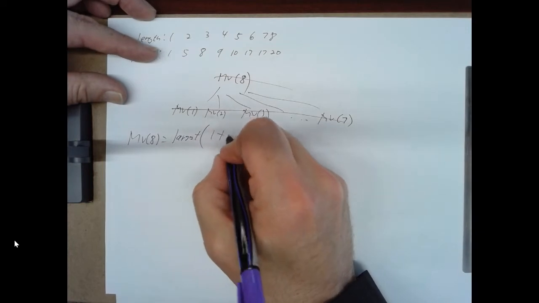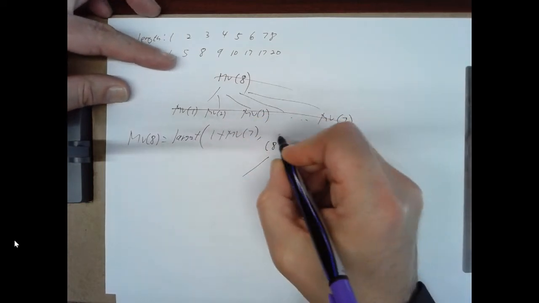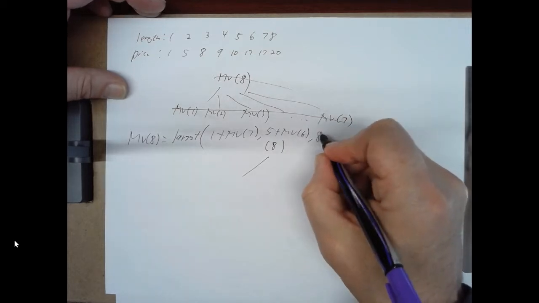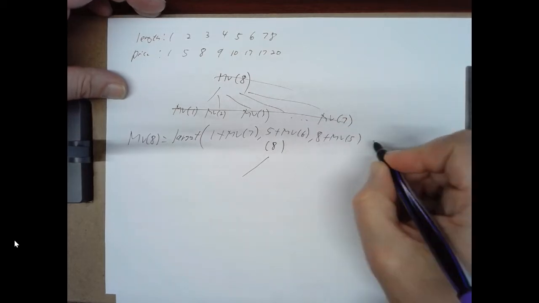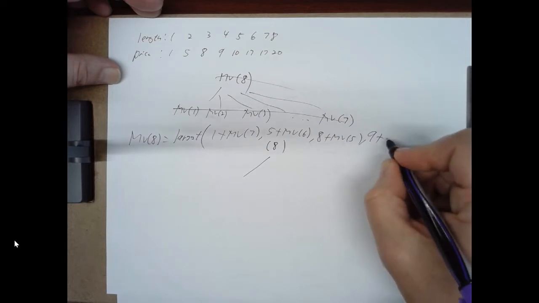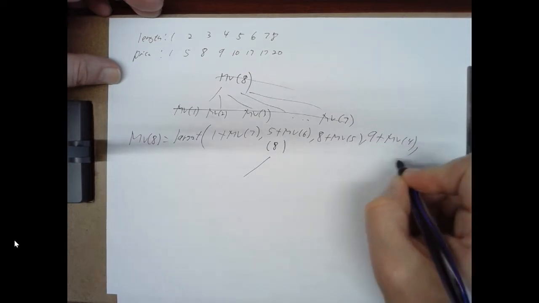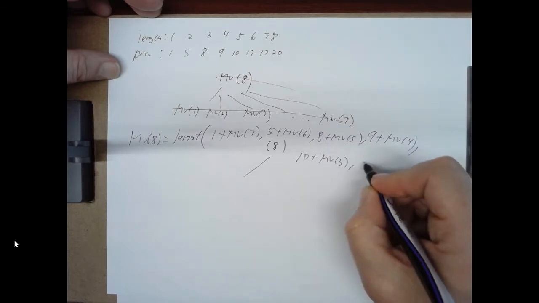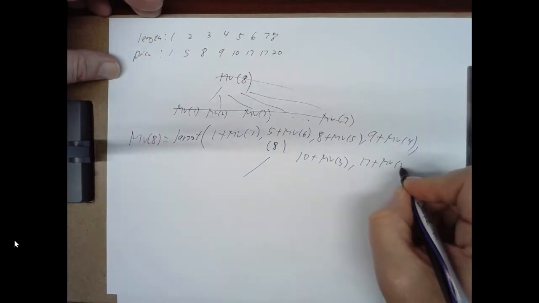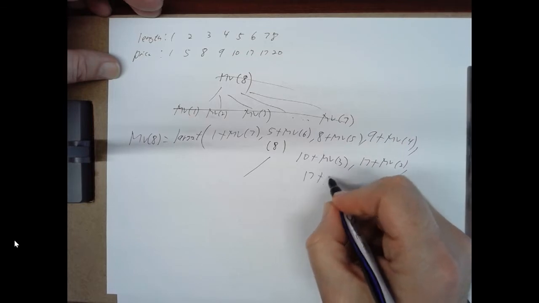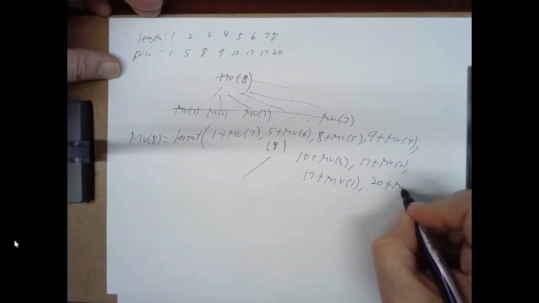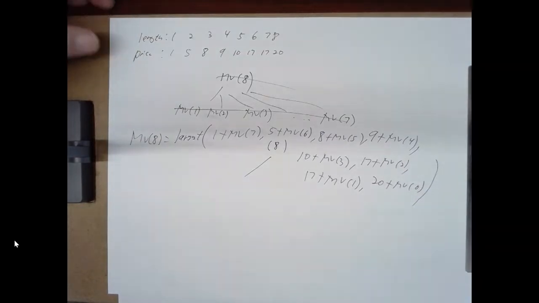So it's 1 plus max val 7, 5 plus max val of 6, 8 plus max val of 5, 9 plus max val of 4, 10 plus max val of 3, 17 plus max val of 2, 17 plus max val of 1, or 20 plus max val of 0.